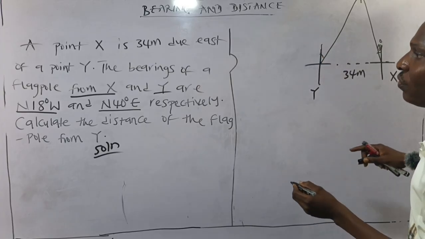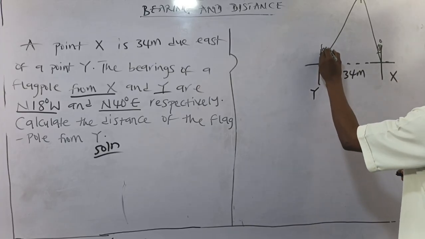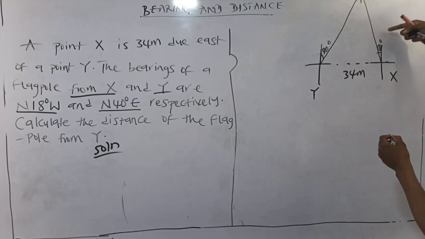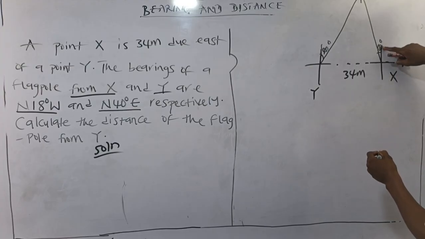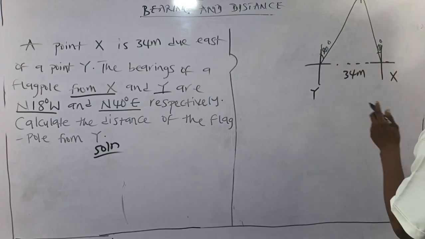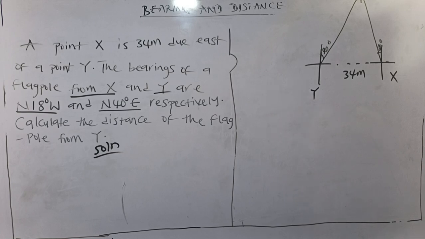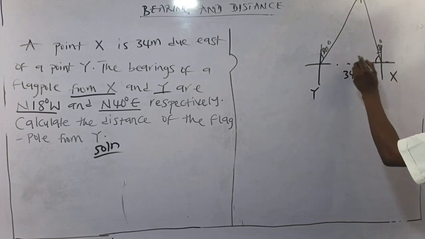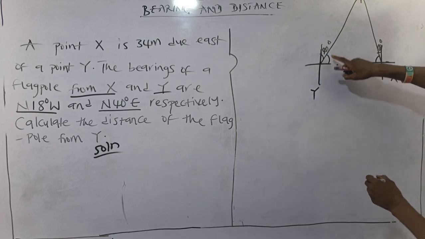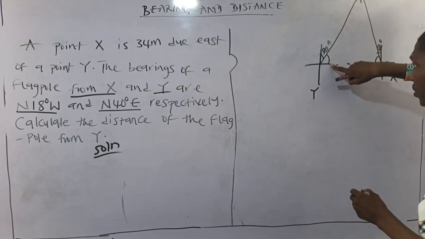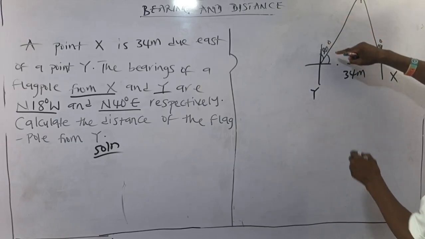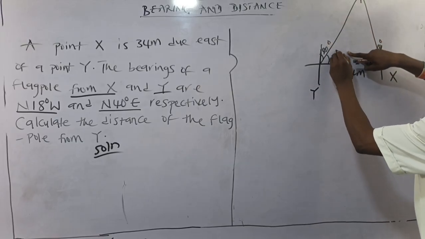Remember, north 40 degree must start from here, and 40 degree northeast will be this, with respect to the north, take note. So we've done that. Now, I should have an angle here, and I should equally have an angle here. Since this is northeast, I will have 90 minus 40 to have this angle, which is 50 degree.